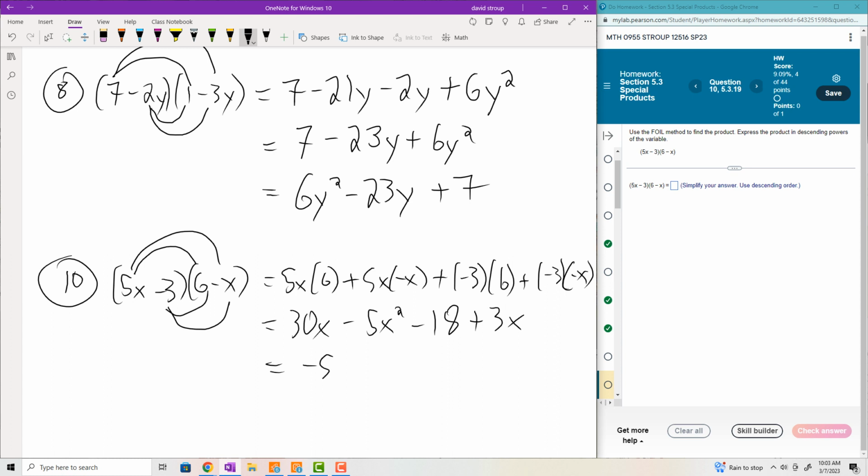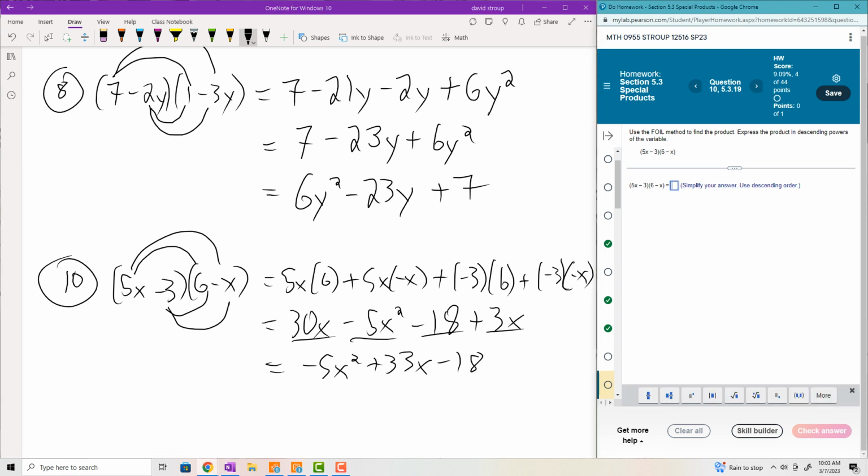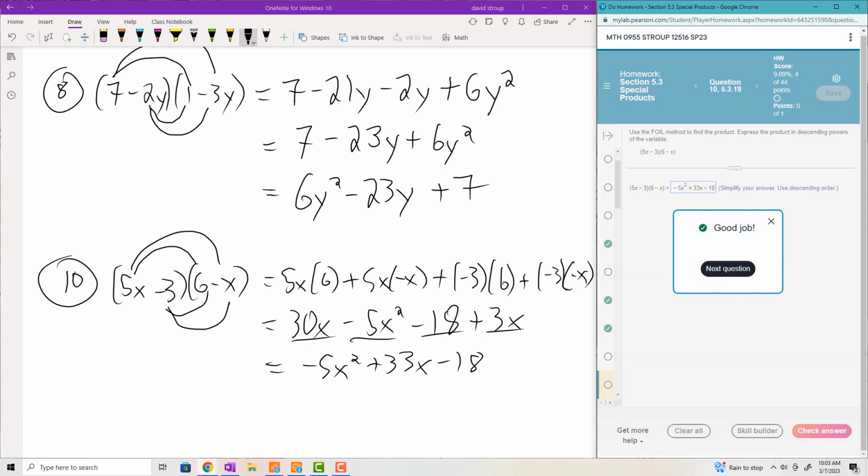I put the negative 5x squared first, and then I'm going to combine the like terms, the 33x, and then finally the minus 18. And that's using descending order: negative 5x squared plus 33x minus 18.